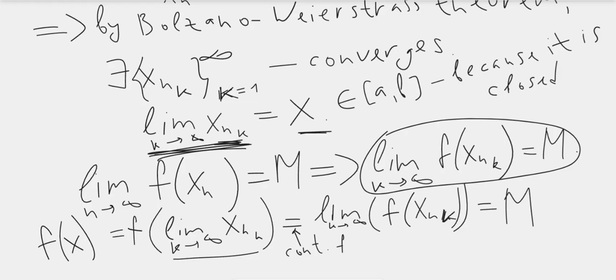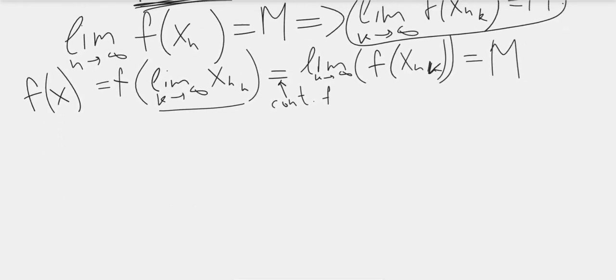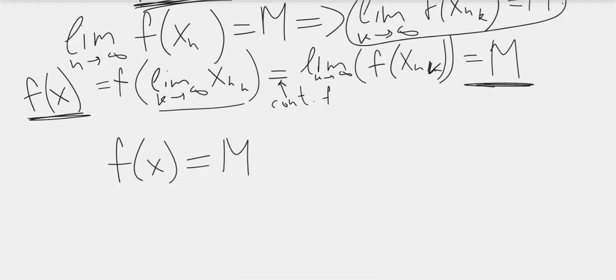Because in a closed interval, the limit of any sequence of points in this interval also belongs to this interval. So we found this x for which f of x is equal to m.